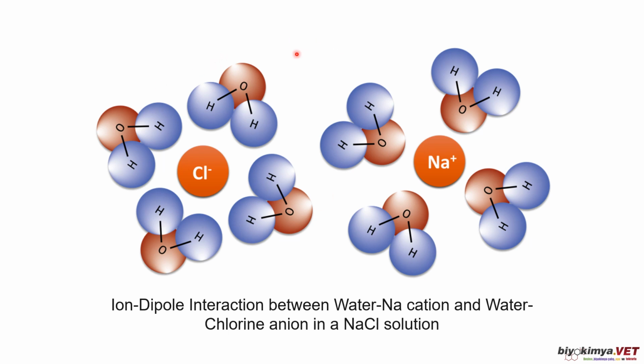As you see, the water molecules surround the chloride ion by their hydrogen side, which is partially positive. And for sodium, the oxygen side of the water molecule surrounds the sodium, where oxygen is the partially negative part of the water molecule.